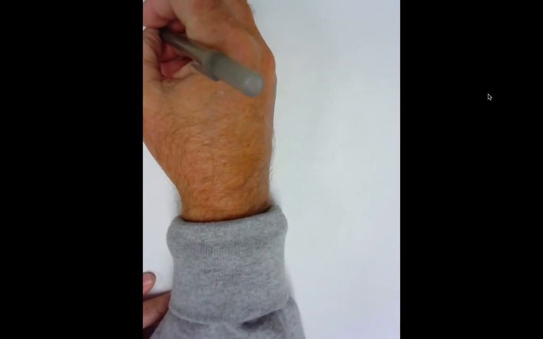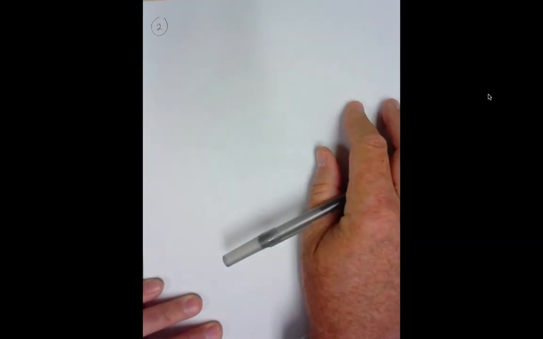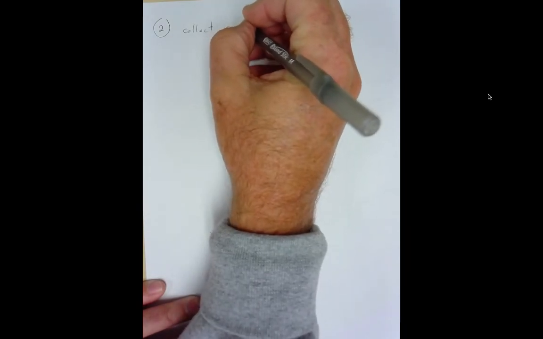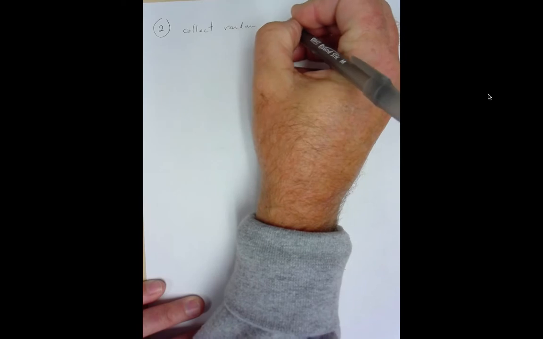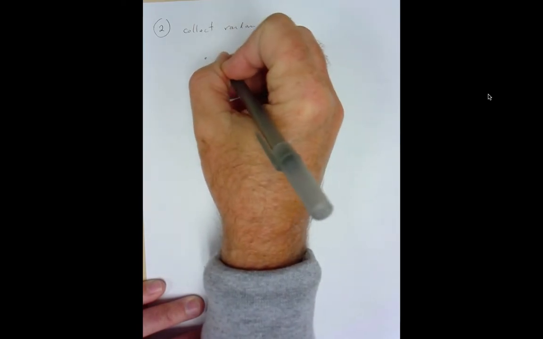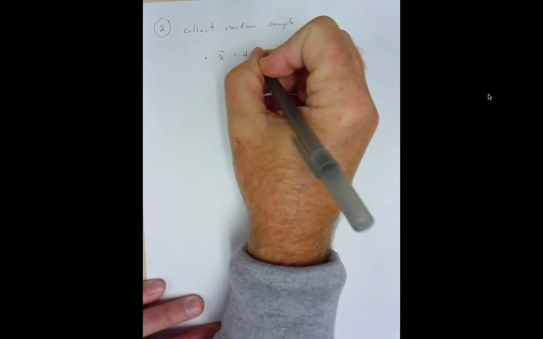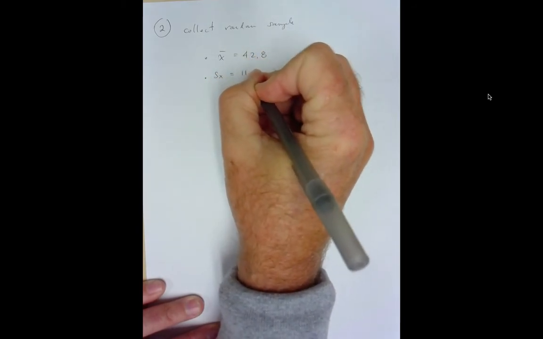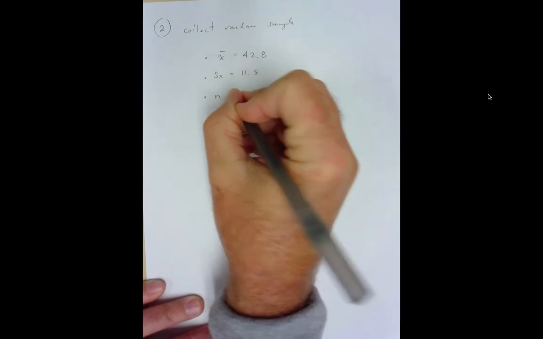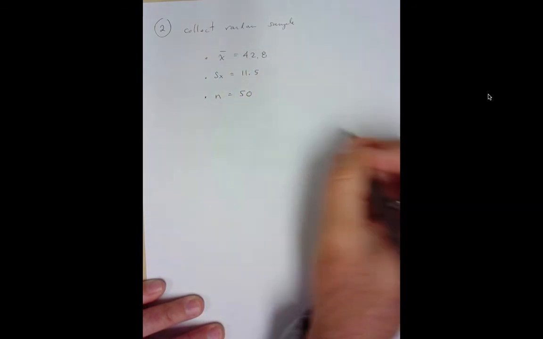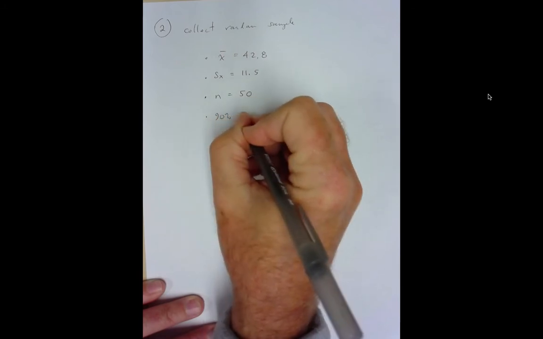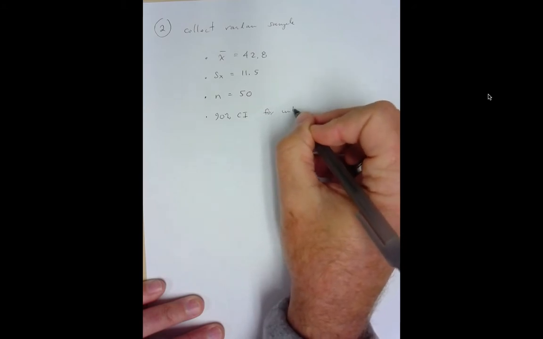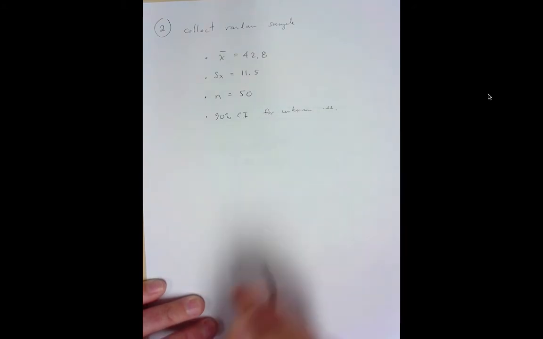So this is kind of example number 2. Let's say we collect a random sample, and we get an X bar of 42.8, a standard deviation of 11.5, and a sample size of 50, and we want to construct a confidence interval at 90% for our unknown mu.